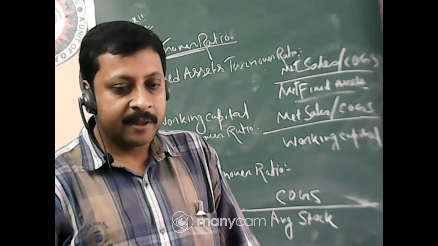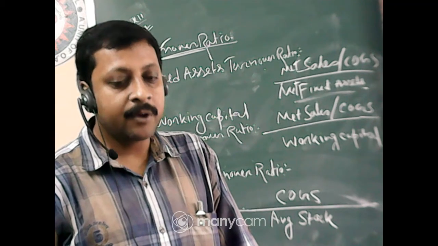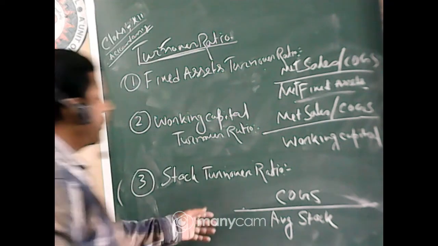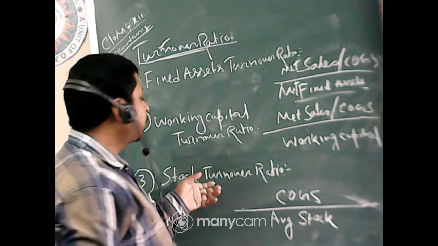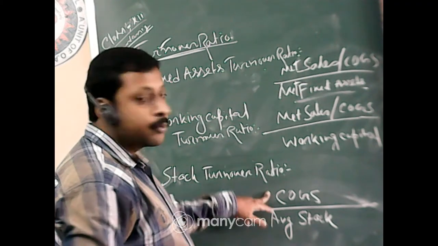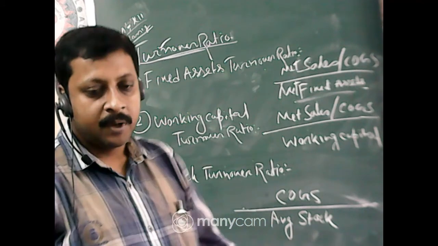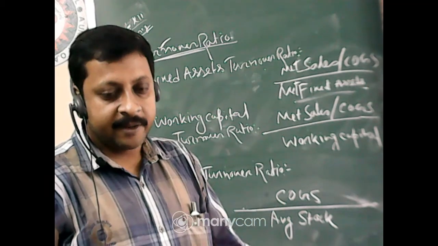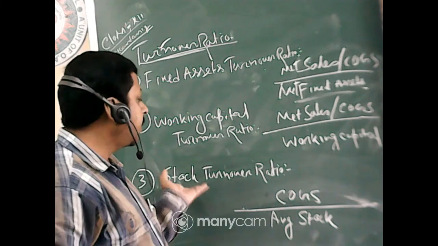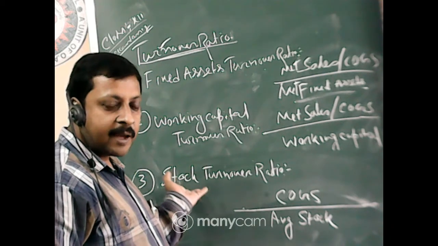Stock is here, not sale, so you cannot make any relation with the sale of the stock. You have to make relation with cost of goods sold, not the sales, because your stock is not yet sold. Stock means the goods that you have not yet sold, lying in your factory.